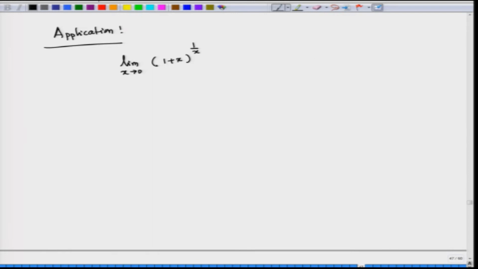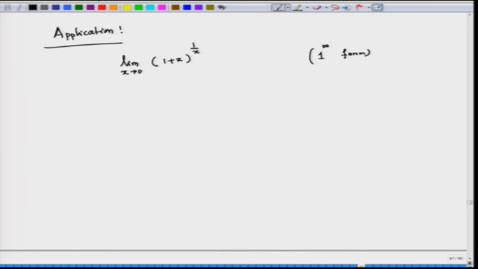Now, 1 plus x goes to 1 as x goes to 0 and 1 by x goes to infinity as x goes to 0. So, this is of the form 1 to the power infinity. This is again indeterminate, because we do not know what it is. This cannot be determined, 1 to the power infinity.